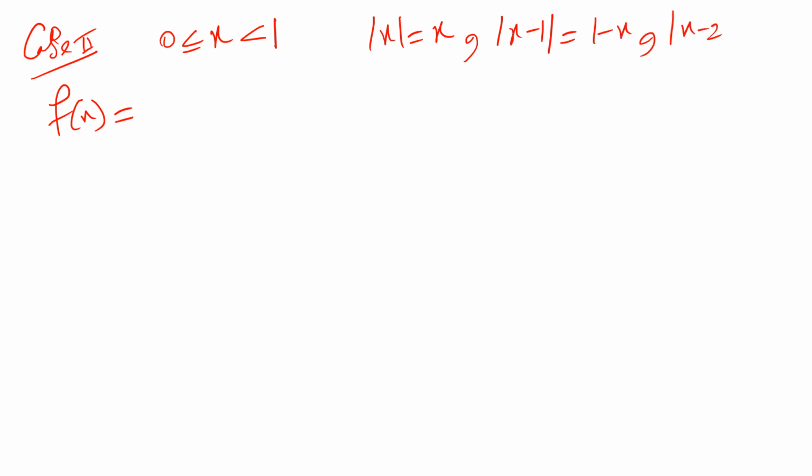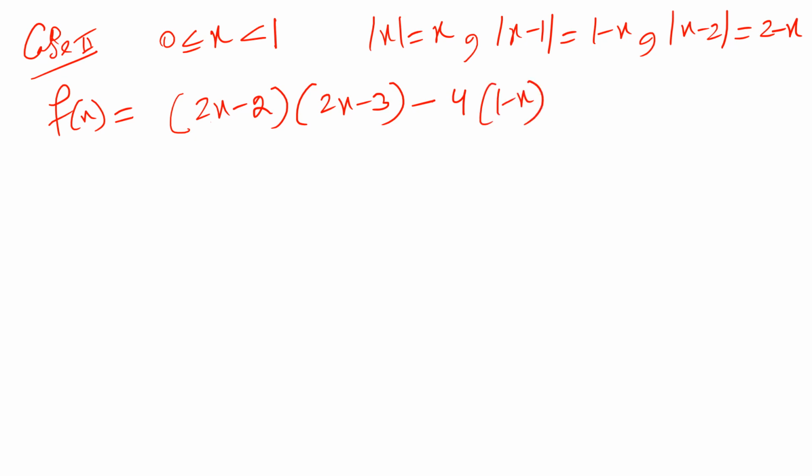Similarly, mod of x minus 2 will be 2 minus x. Now just put in these values to get the expression as x plus x minus 2, that means 2x minus 2 into 2x minus 3 minus 4 times it is going to be 1 minus x plus x minus 2, which is minus 1, into x minus 1. So that means it is 1 minus x, right?